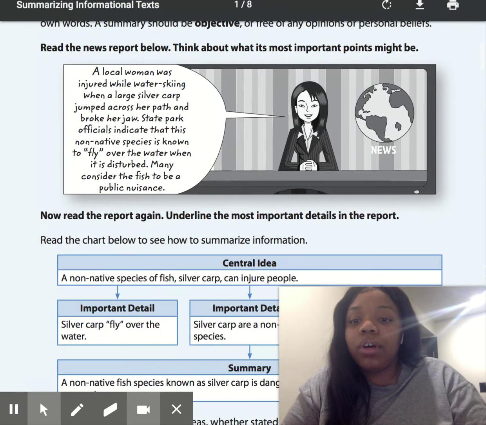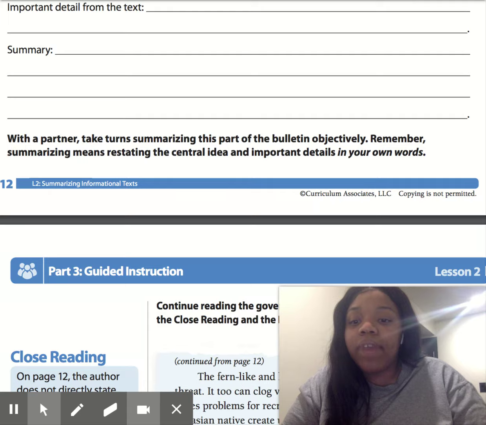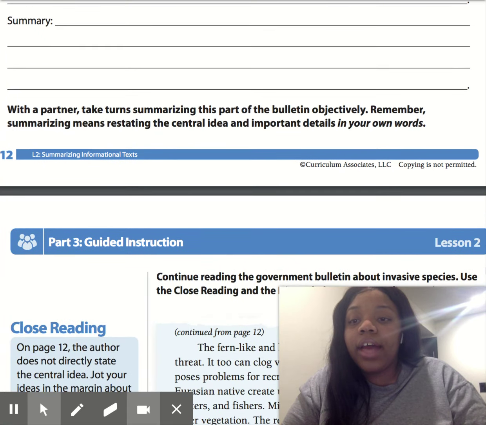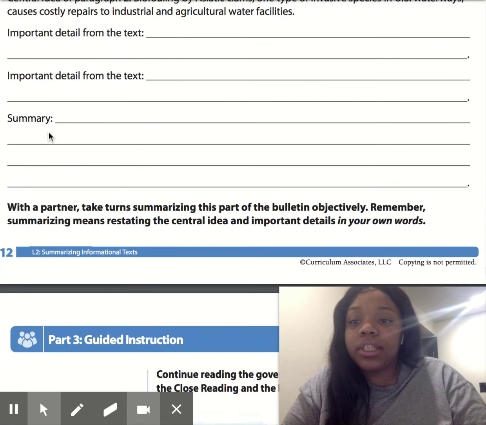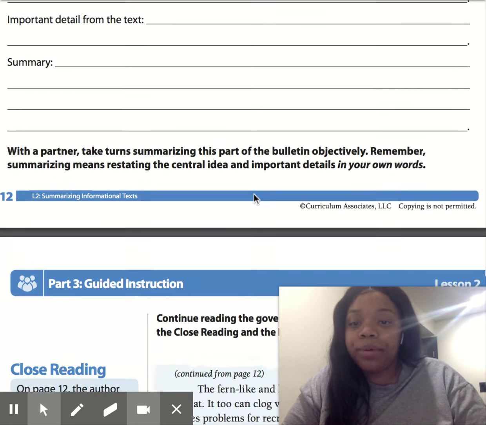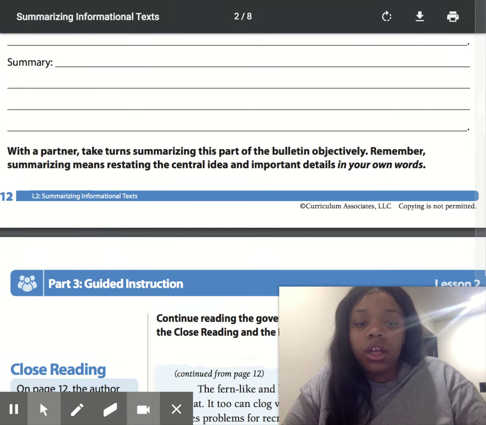You're going to have a question about what the summary of this passage or text is about, okay? Okay, cool. So let's go ahead and move on down.